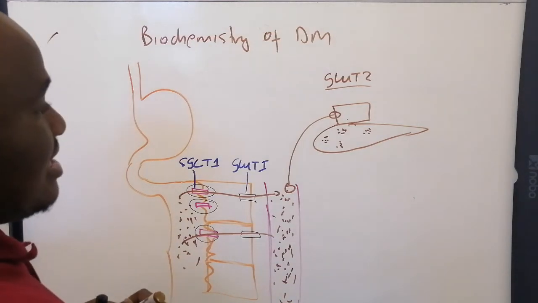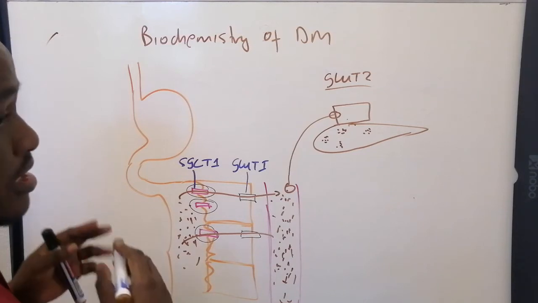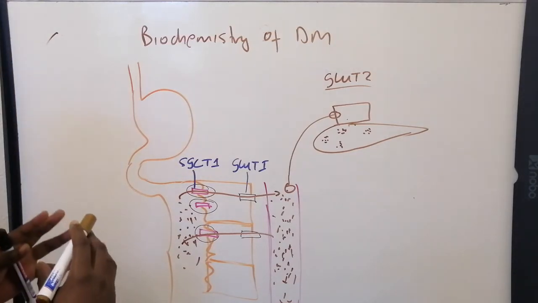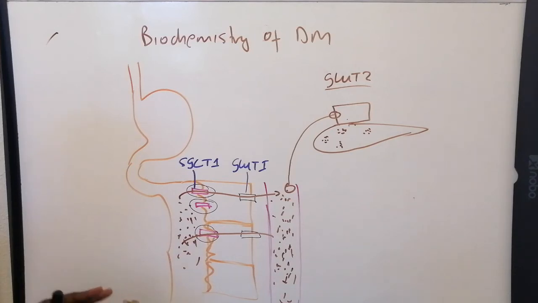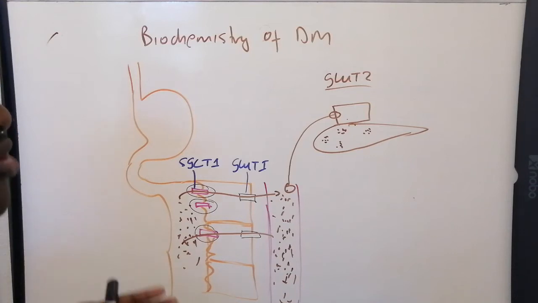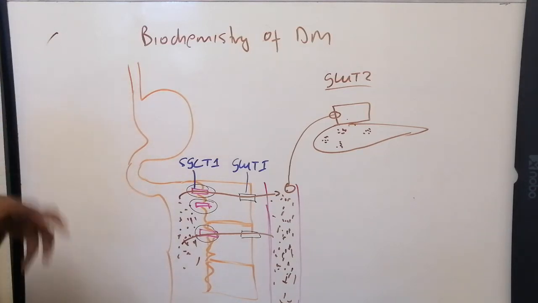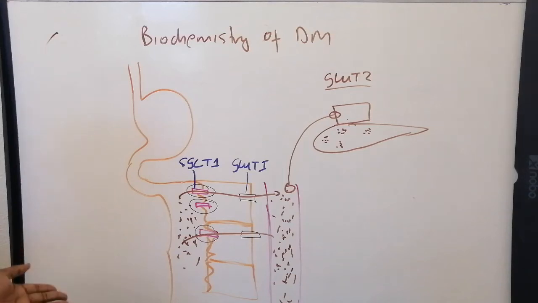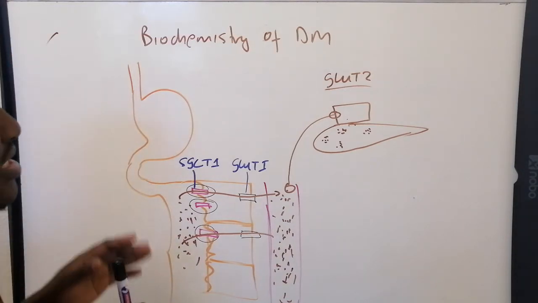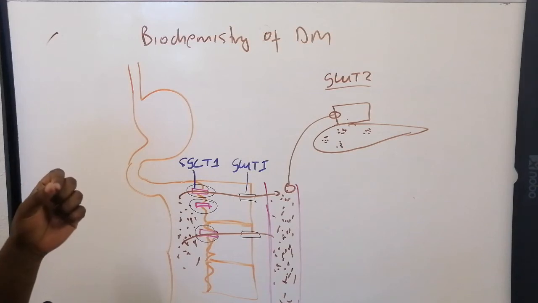Once glucose enters the beta cell, glycolysis takes place, and ATP is produced. So basically hyperglycemia stimulates some kind of chemical reactions within the cell, in the cytoplasm. I'm not going to get into the details of how all of that happens, but eventually there's an influx of calcium.